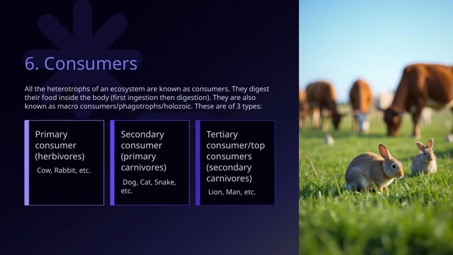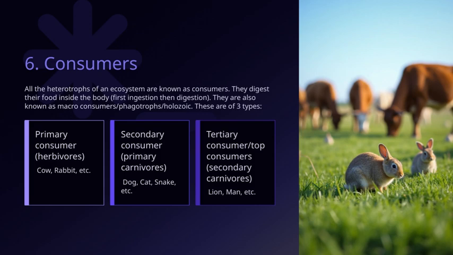Then we come to primary consumers, like cows or rabbits. These are herbivores, they eat plants, and are the first level of consumers that feed on producers like grasses or shrubs. It's important to remember that all heterotrophs, which means all organisms that rely on consuming others for energy, are called consumers.